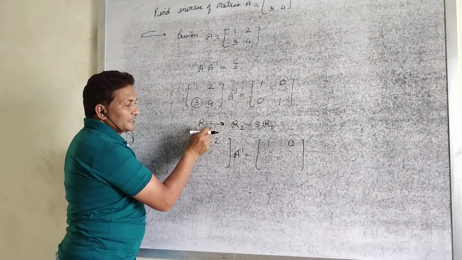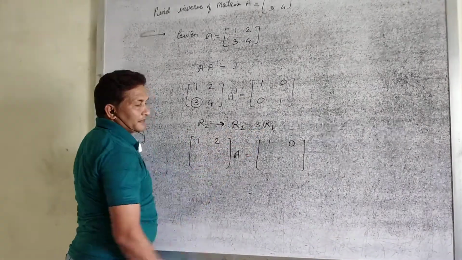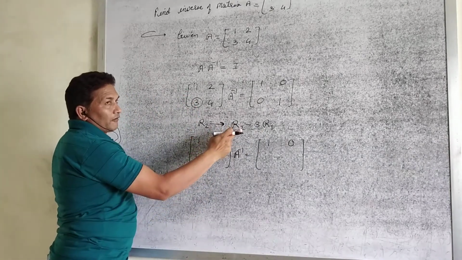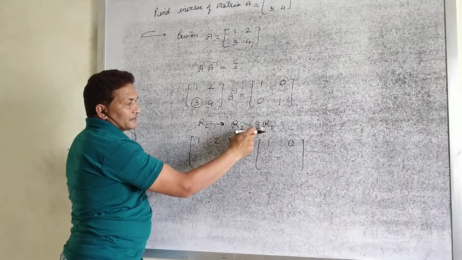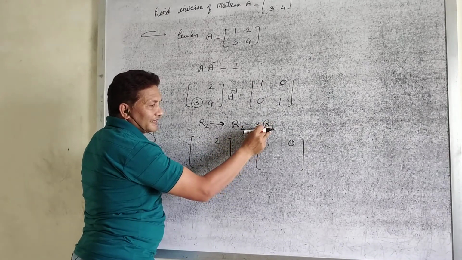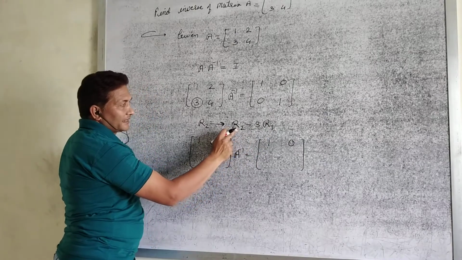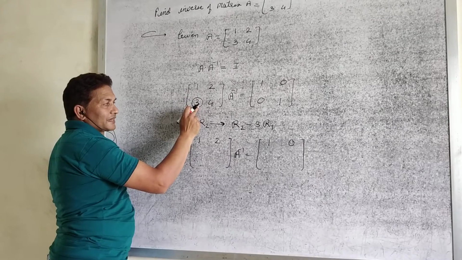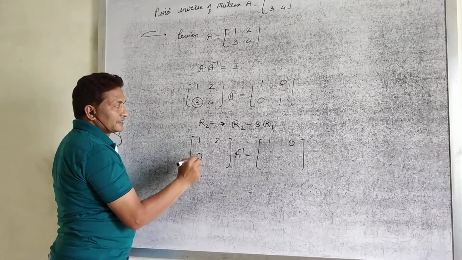Now while changing second row, use this operation because we need a 0. So therefore R2 minus 3R1: after multiplying R1 by 3, subtract it from second row. So multiply by 3, 3 subtract from second row, 3 minus 3 we get 0.